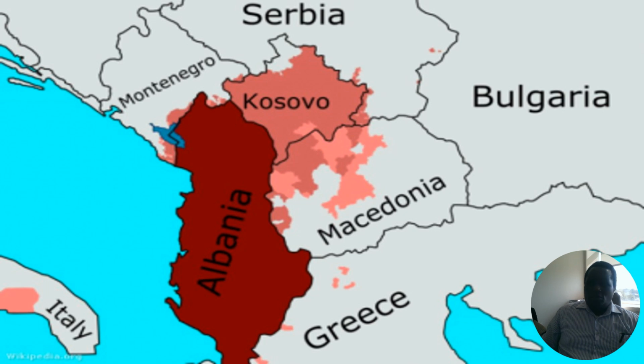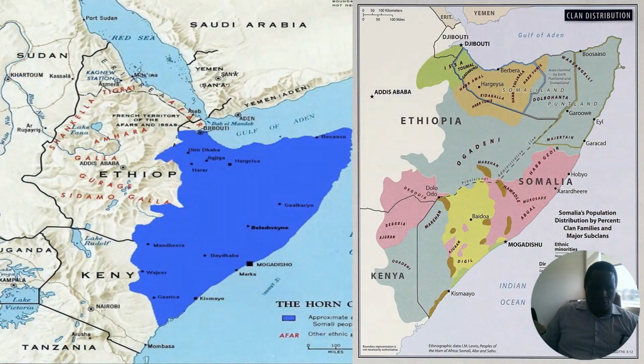So sometimes it's a challenge to have different nations within who are spread across borders. Because, for example, if you think of the war in the former Yugoslavia, the questions of Albanian Muslims, Serbians, and so on, and where they were located.